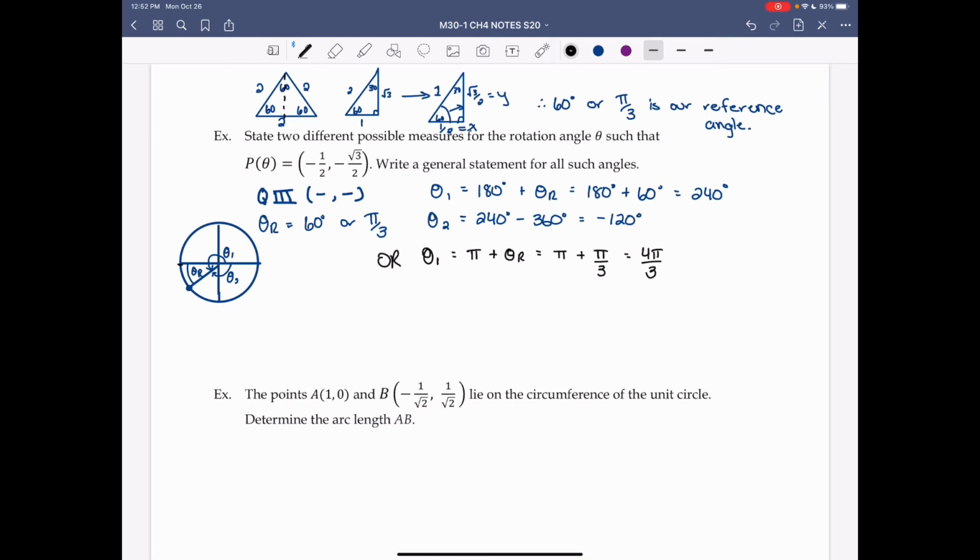And then for theta 2, same thing, start with the positive measure of the angle, 4 pi over 3, and then subtract the measure going all the way around, which is 2 pi. 2 pi is equivalent to 6 pi over 3, so 4 pi over 3 minus 6 pi over 3 gives us negative 2 pi over 3. So those are our two different measures for our angles in degrees and then in radians.